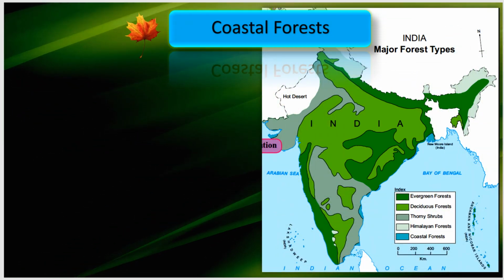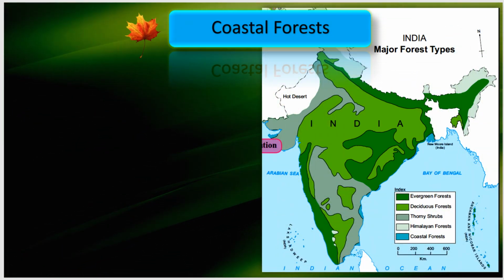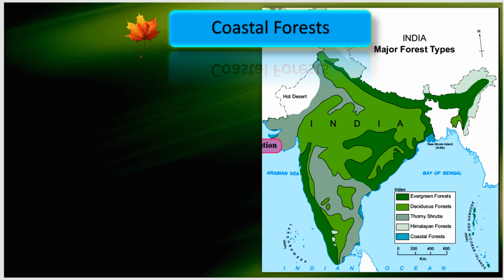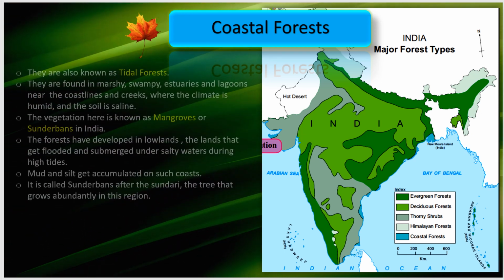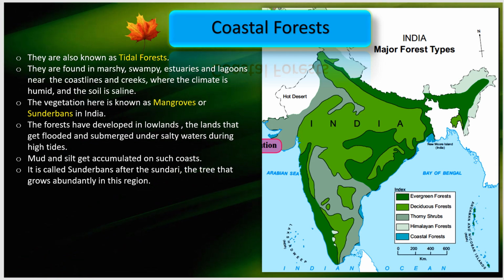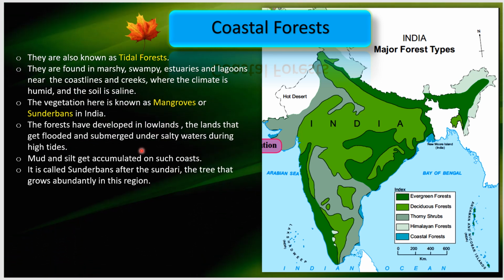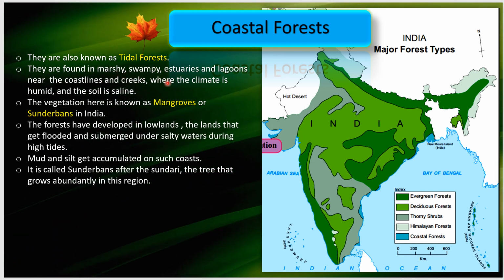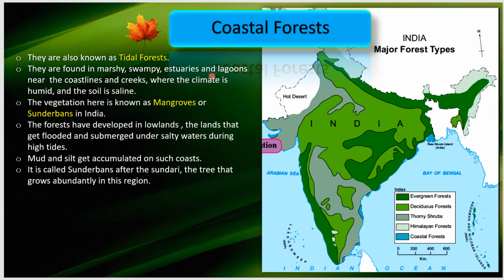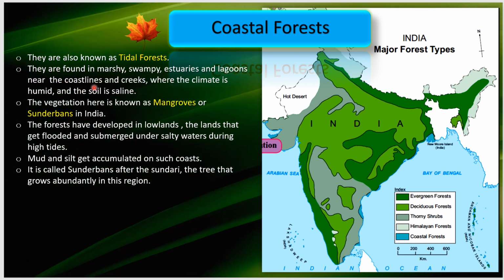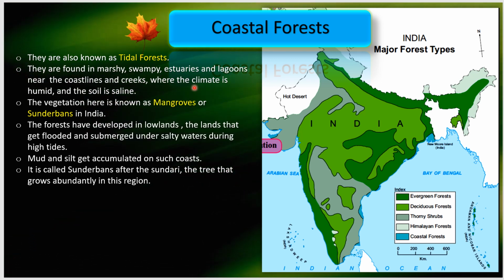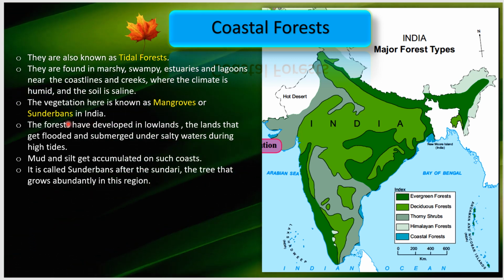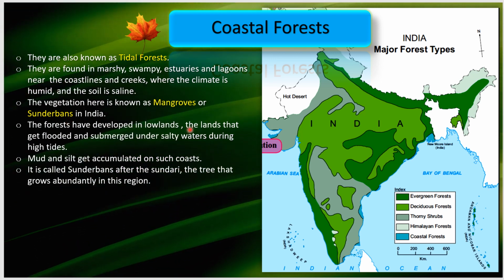The fourth type of forests are the coastal forests, which are formed due to variations in altitude. Now, the coastal forests are also known as tidal forests. They are found in marshy, swampy estuaries and lagoons near the coastlines and creeks, where the climate is humid and the soil is saline, that is salty.